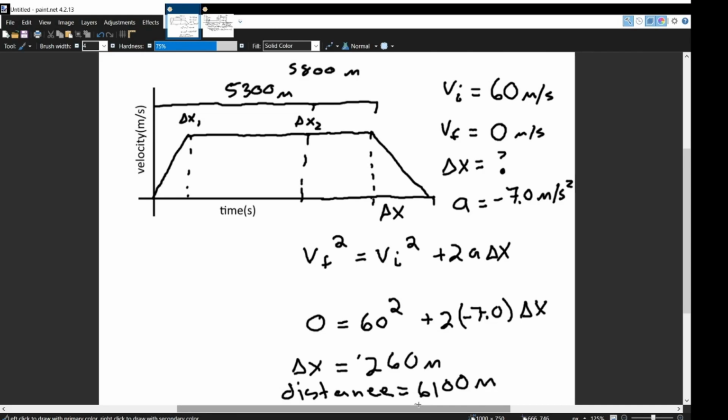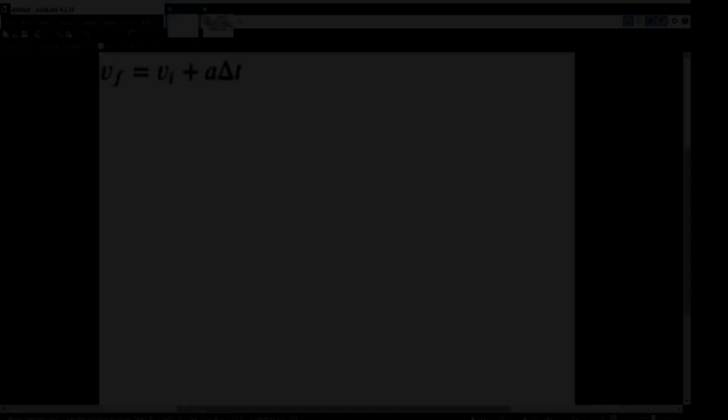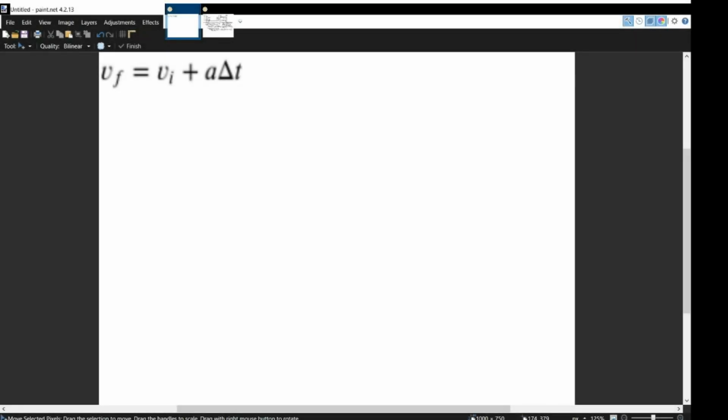All right, so let me pause the video for a second, and I'll go on to part B. In part B, I'm going to use this equation right here in order to figure out how much time it took for that sled to come to a stop from its point at 5,800 meters.